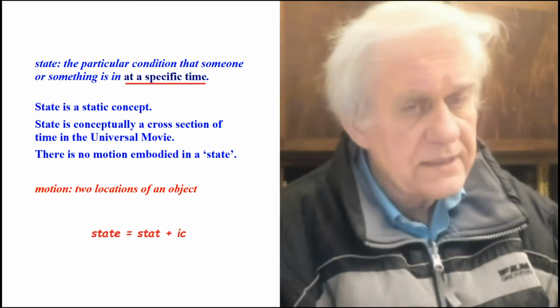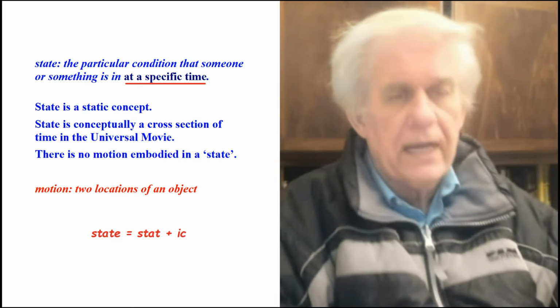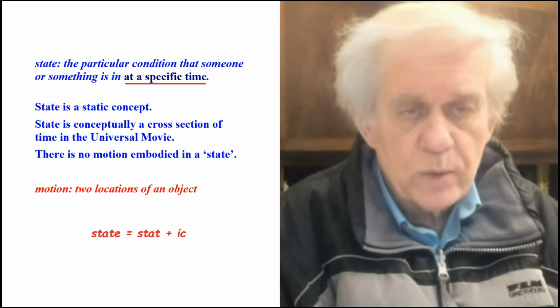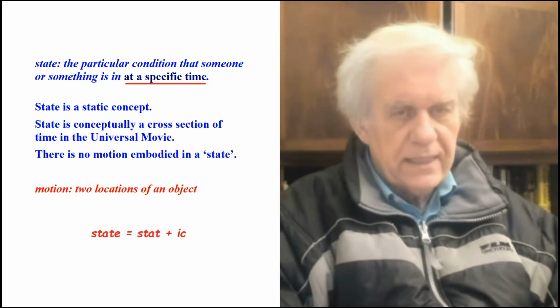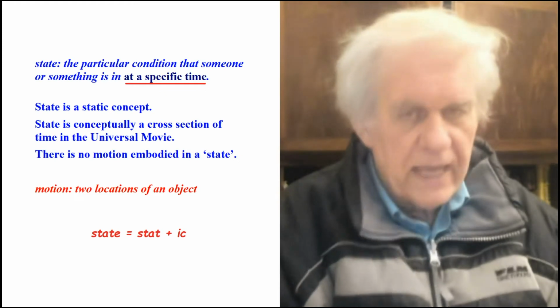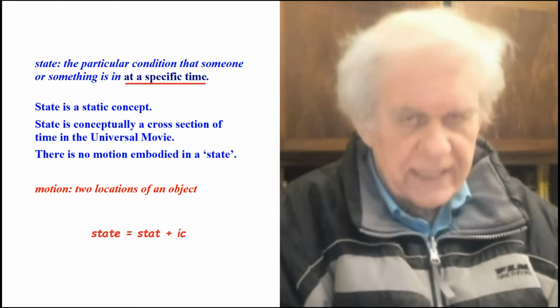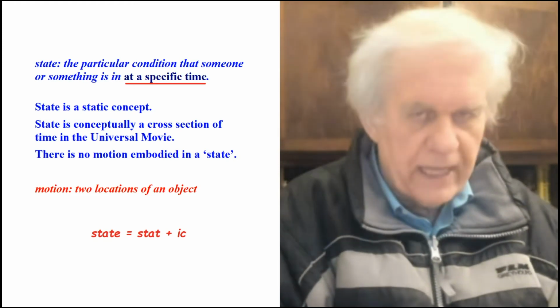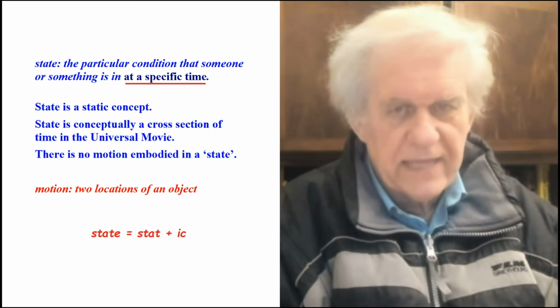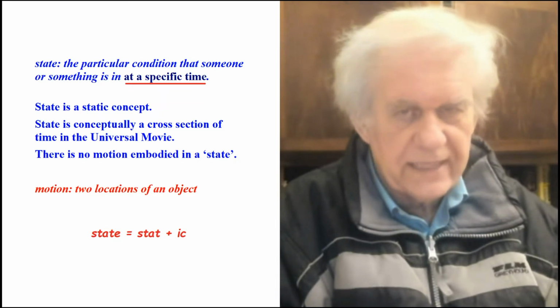State is conceptually a cross-section of time in the Universal movie. There is no motion embodied in a state. So you cannot say that plasma is the 4th state of matter, because state is a static concept. Plasma does not qualify under the word state.